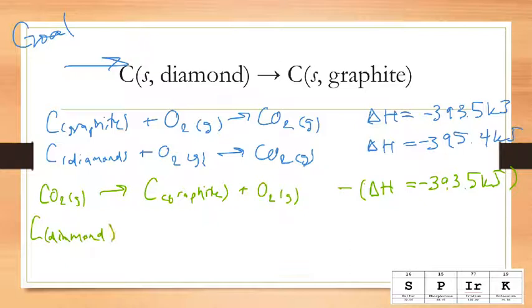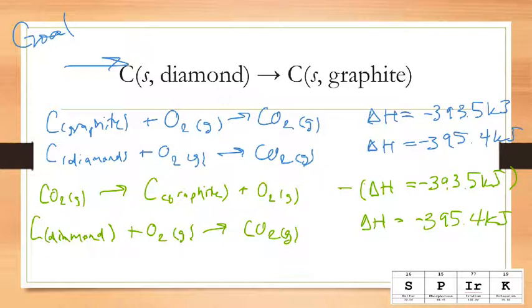So we don't have to do anything here, and we don't have to change our delta H at all. So 395.4 kilojoules. I'm just going to draw a line through here so we can separate the two.